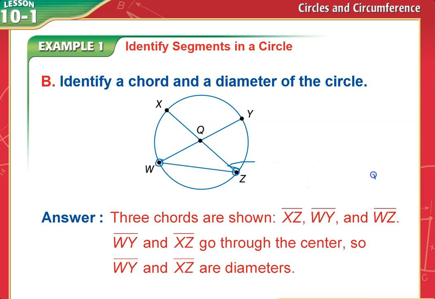We just named WZ, but segment WY is also a chord, and XZ is a chord, because those are also segments that have endpoints on the circle. However, WY and XZ pass through the center of the circle, therefore they're also called diameters.